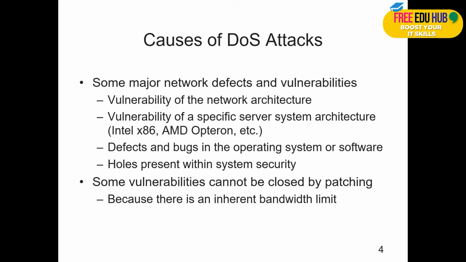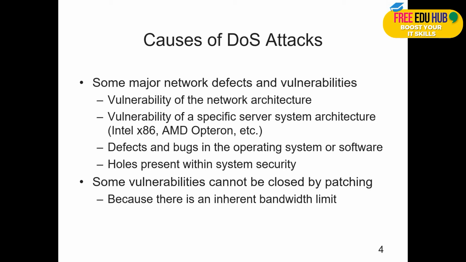Sometimes the defects and bugs in the operating system or the system architecture could be a firmware update which was released for a specific hardware and it has not been applied. So, the hackers can take advantage of the vulnerabilities of the firmware and can target the systems.